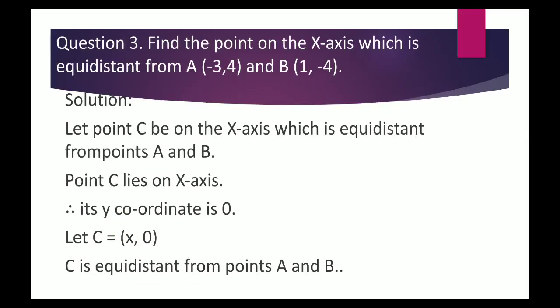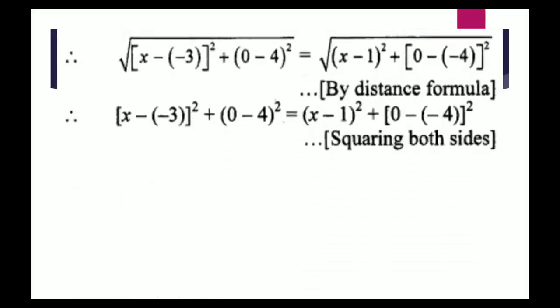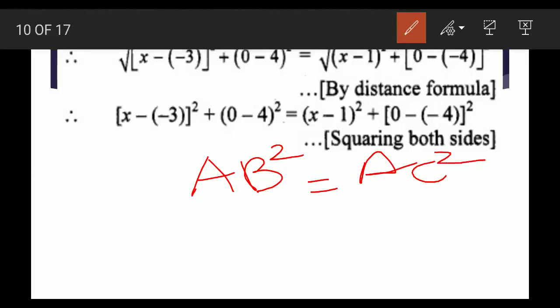C is equidistant from A and B, it is given in the question itself. So therefore we can write like this: distance of AC square is equal to distance of BC square.